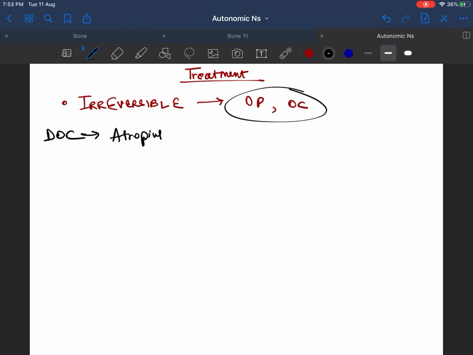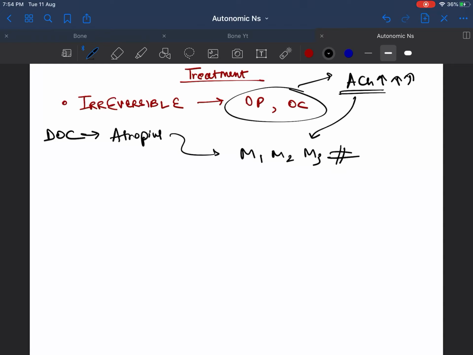Due to these two things, we have increased ACh in the body. So let's do one thing. We will give atropine. It will block the M1, M2 and M3 receptors. And we know that ACh normally acts on these only. For action on the nerve junction, it needs a very high quantity, so it does not normally do so.